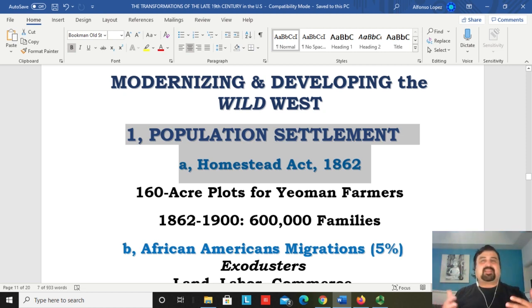but during the Civil War, when the South and the North were fighting, one of the reasons why the Lincoln administration, Abraham Lincoln and the Republican Party, in 1862 decided to open up the floodgates for massive population settlement was precisely to prevent Southerners from moving slavery into the Wild West. That was the reason.